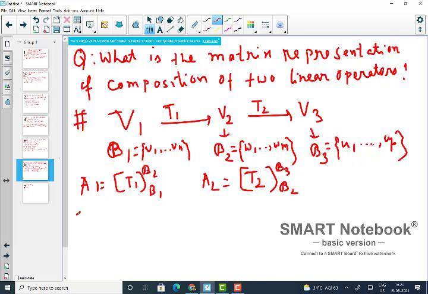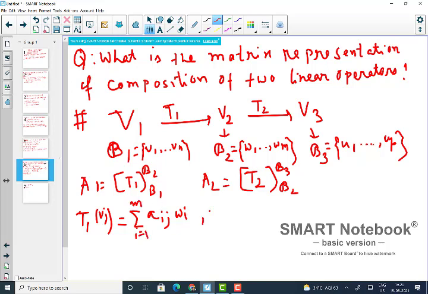You can write T1 of Vj, with respect to W, as the summation of A_ij W_i, with i equal to 1 to m.